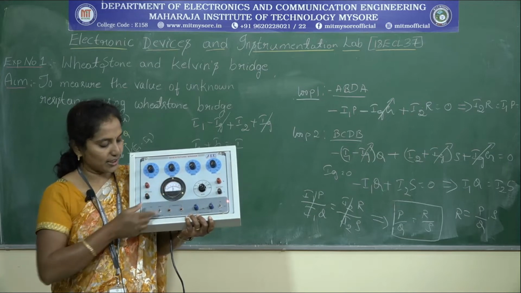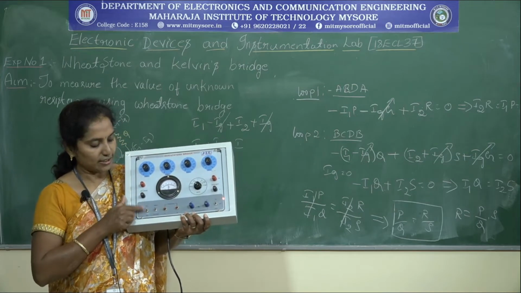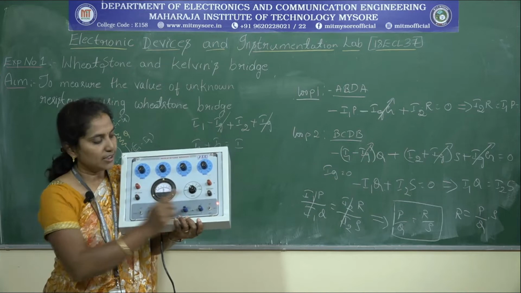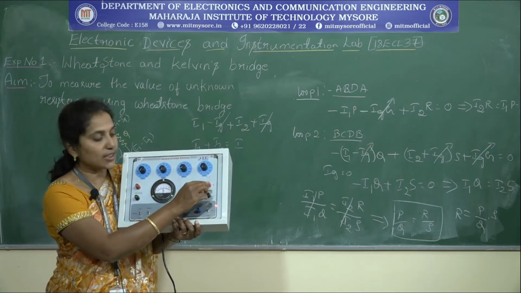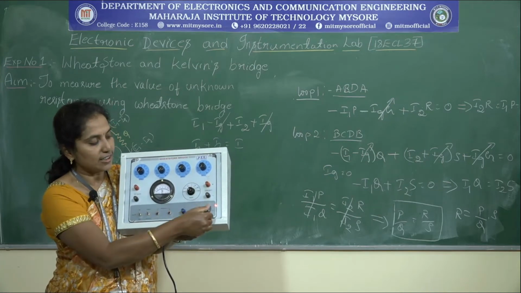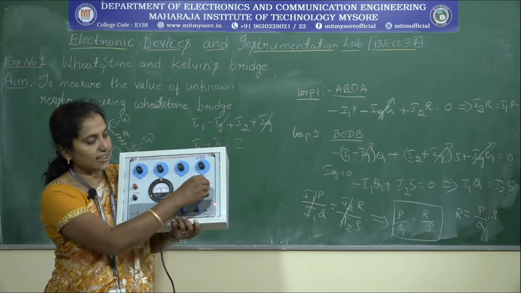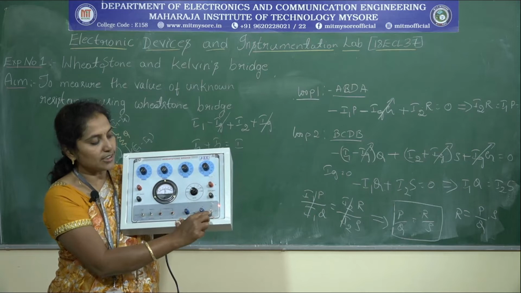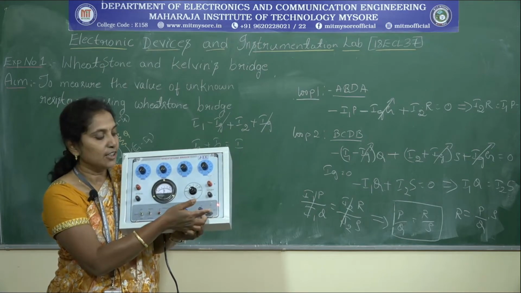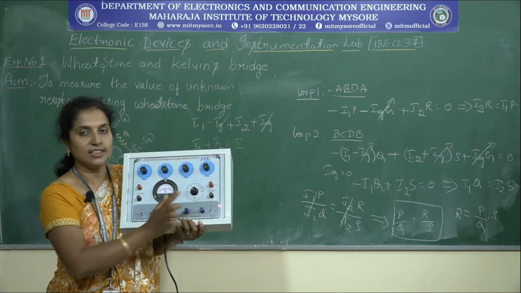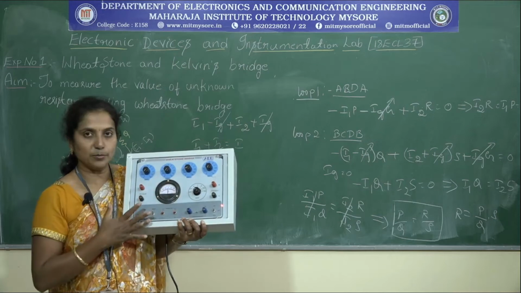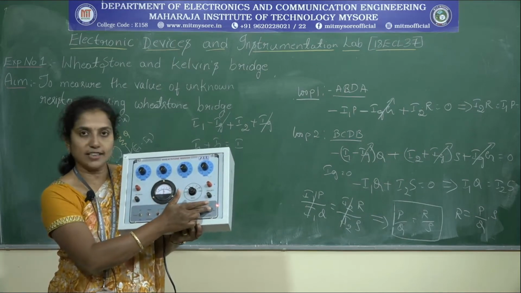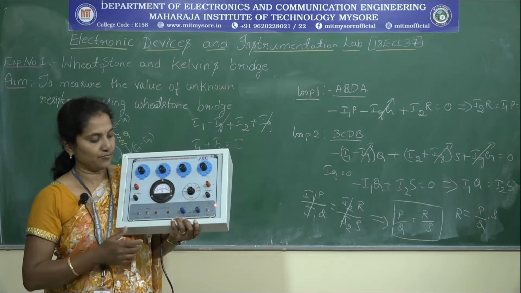I am using internal. If you want to connect the battery externally, you connect here and then turn this switch into external. If you want to connect internal, I will be taking the internal side.